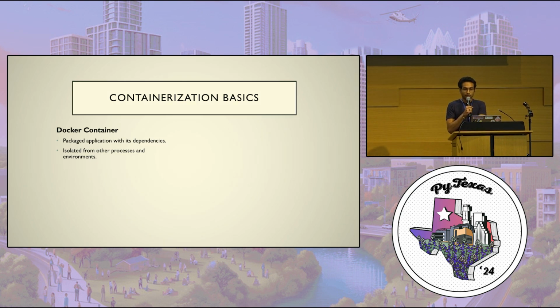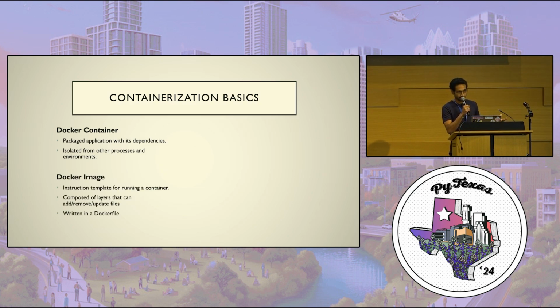But what about an image? The way I like to think of it is that an image is like an instruction template. It's a set of instructions on how to run this whole container. It has different layers that depend on top of one another, where we can add, remove, and run things, and it's written in a file called a Dockerfile.